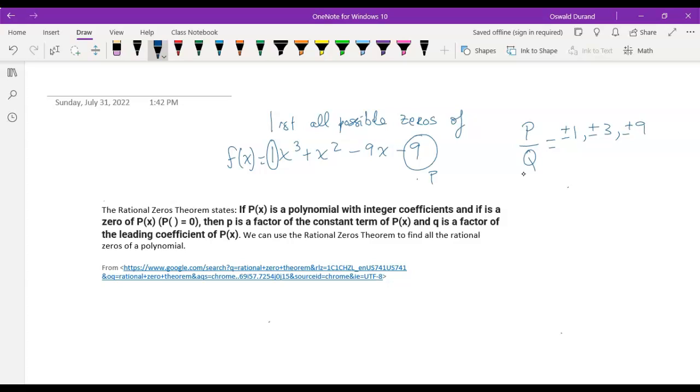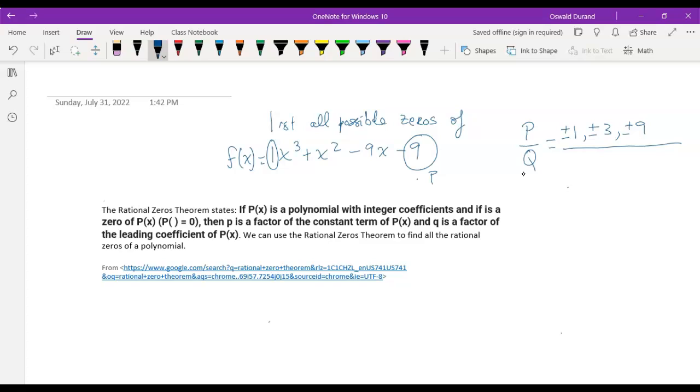So 1 times 9, 9 times 1, and so on, or -1 times -9. All those combinations will give me 9, right? Same thing here, 3 and -3. So those are all the possible factors of 9. There's nothing beyond that or less than 1.